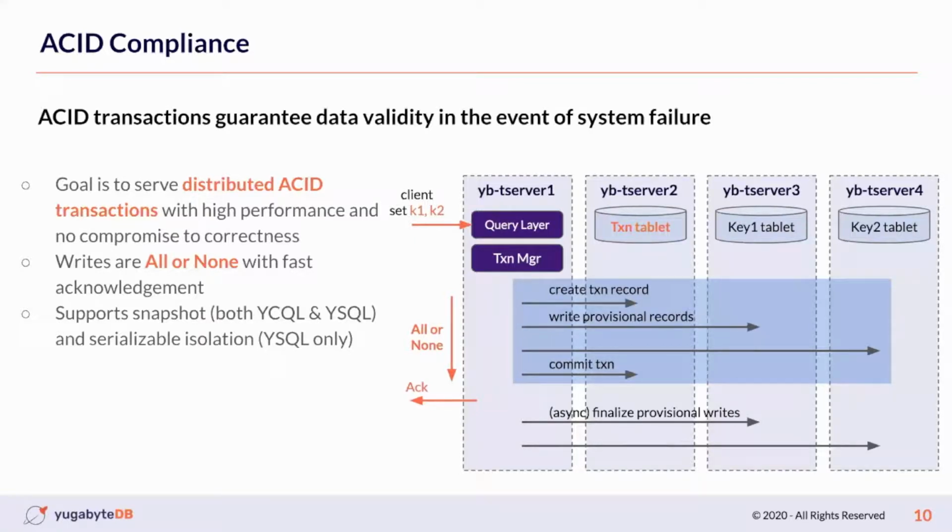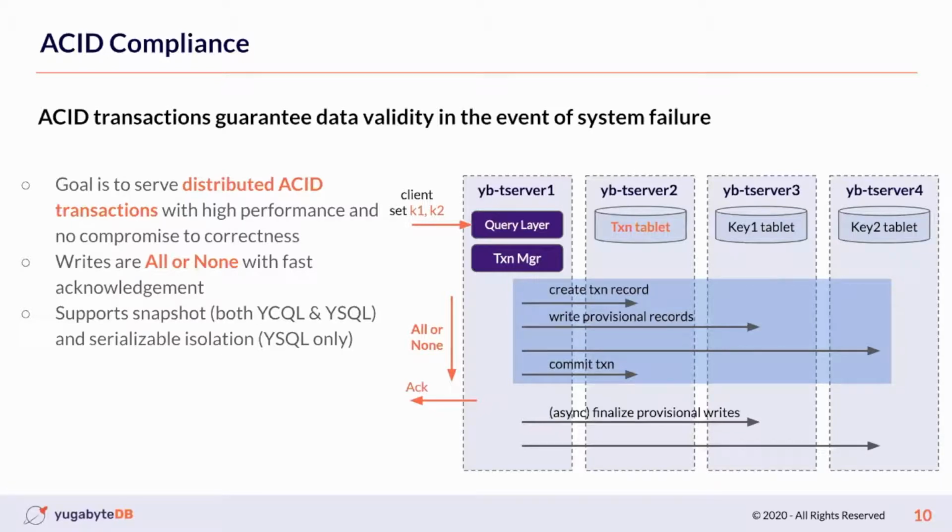Now, what happens in the case of a distributed transaction? Well, what Yugabyte does, and what all distributed SQL databases do, is allow you to perform all of these writes as individual operations inside a transaction and eventually make everything visible in an all or nothing fashion. So it has to be atomic, right? And with consistency.